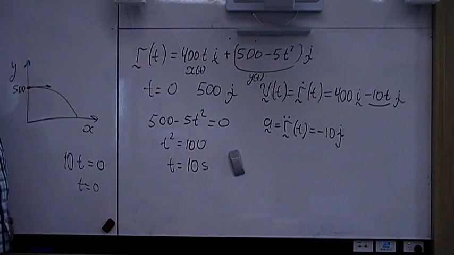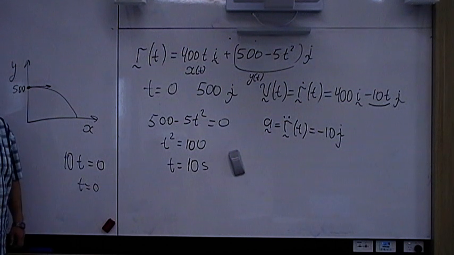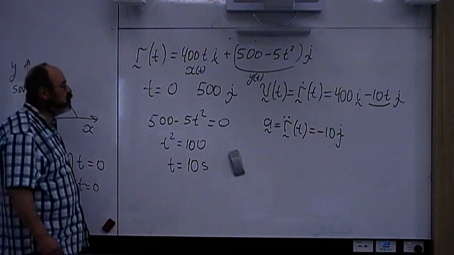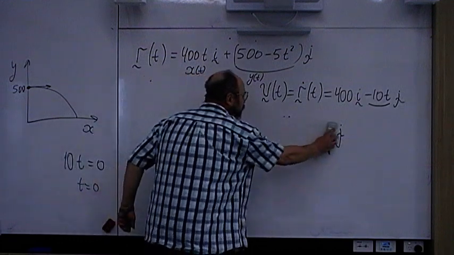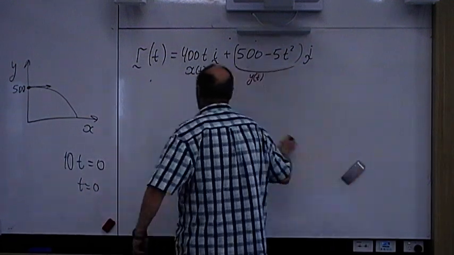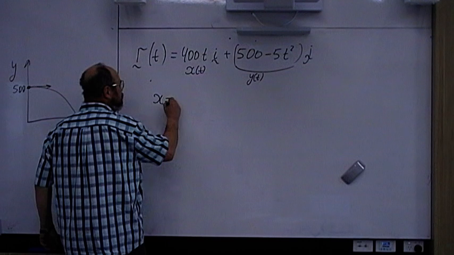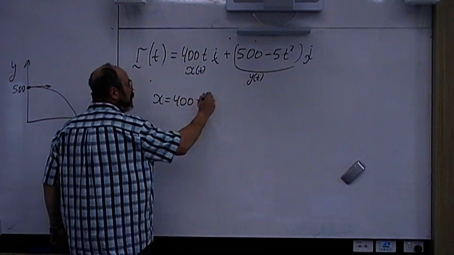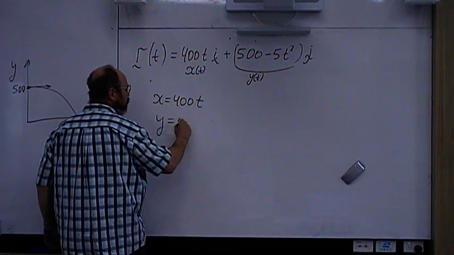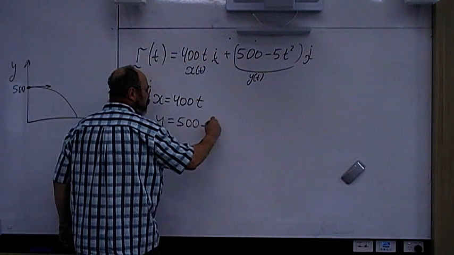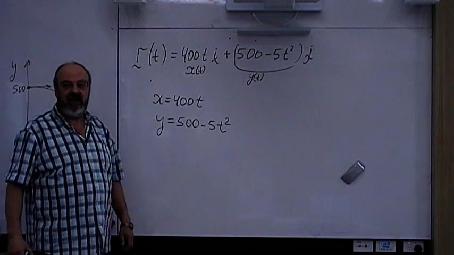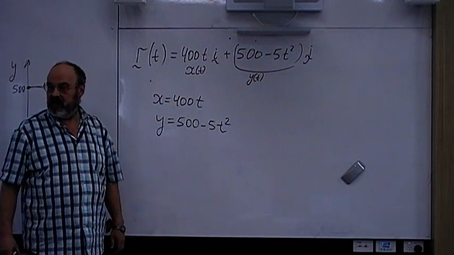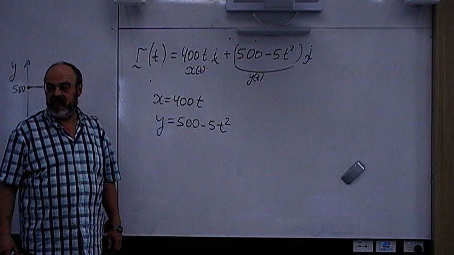Let's find its path. Let's find the Cartesian equation of its path. How will we find the Cartesian equation of the path? We have x changing according to x equals 400t and y equals 500 minus 5t squared. How do we find the relation between y and x?